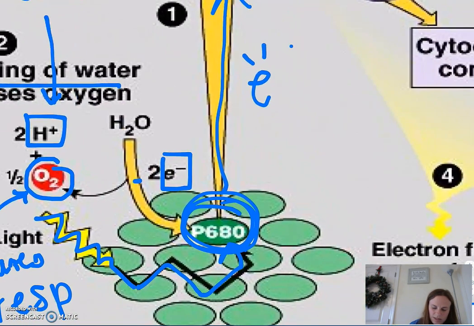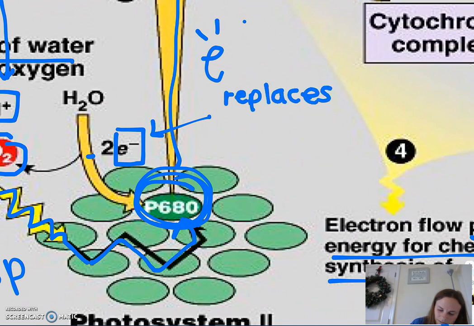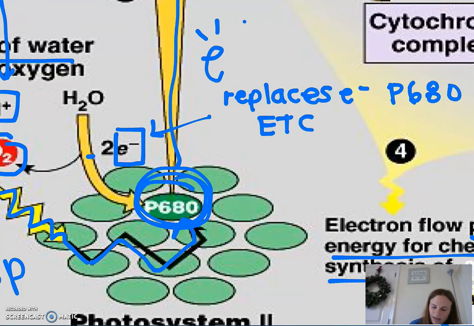Now, as far as where this electron is going, well, ultimately, that electron replaces the electron lost in P680. It gets sent along an electron transport chain. It ends up in P700.